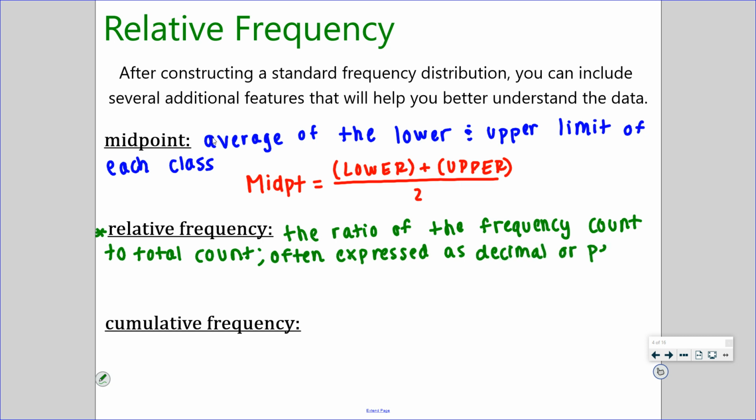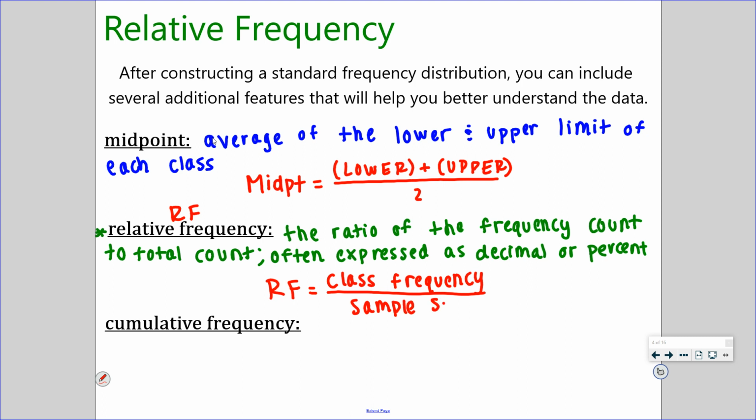So a formula for this one, I'm just going to abbreviate this as RF. My relative frequency is you take the class frequency, so the number of times each section or each interval occurs, and you divide it by your total sample size. We'll do an example in a minute.